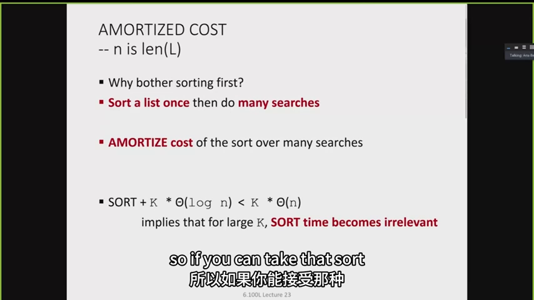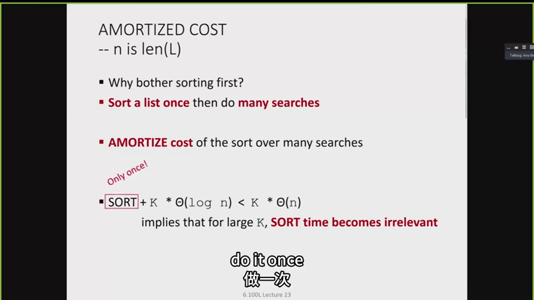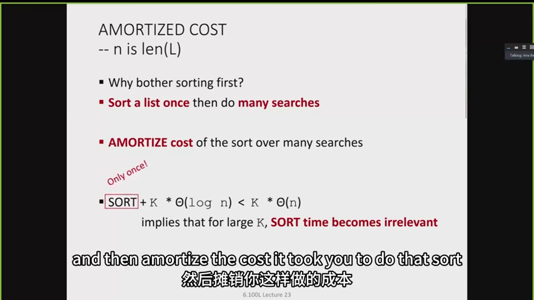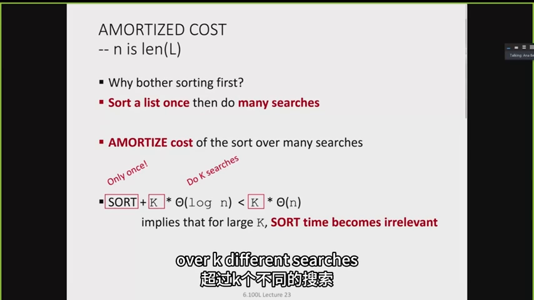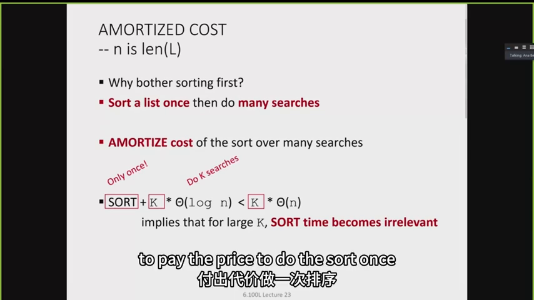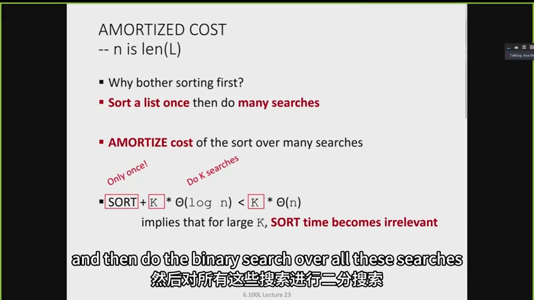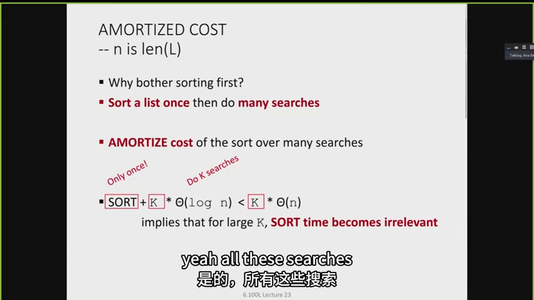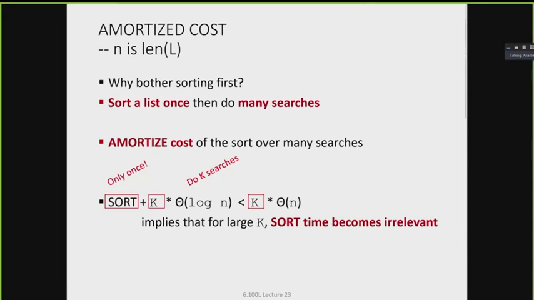So if you can do that sort once, and then amortize the cost it took you to do that sort over k different searches, then it makes sense to pay the price to do the sort once, and then do the binary search over all these searches, right?